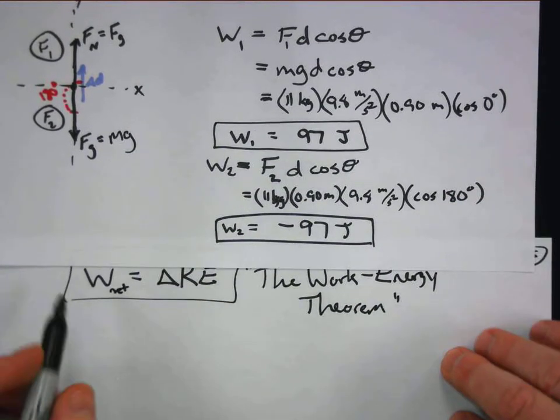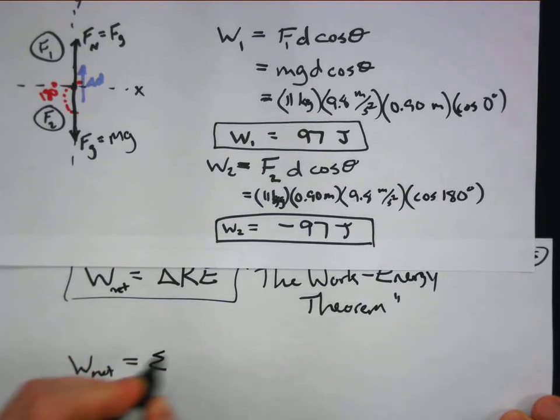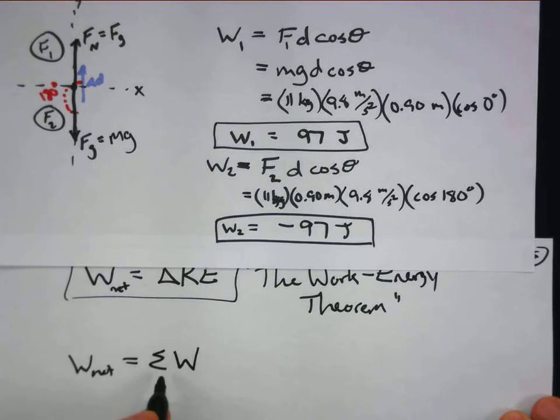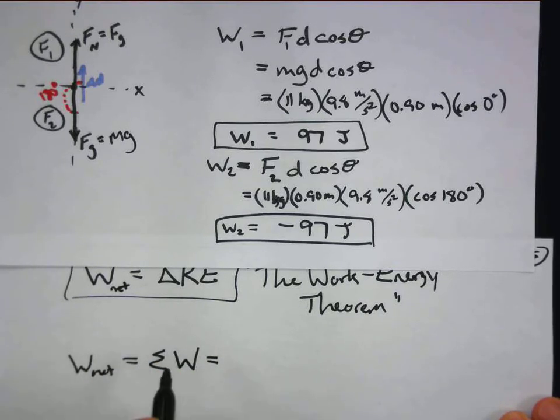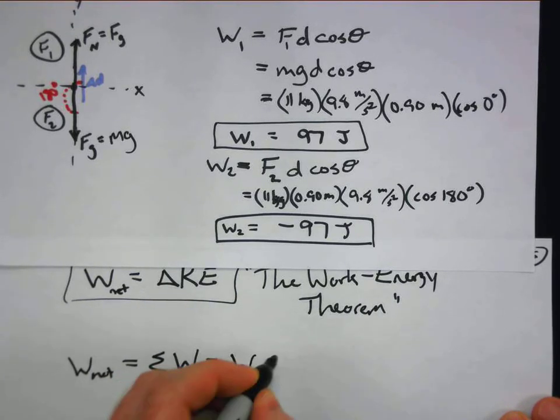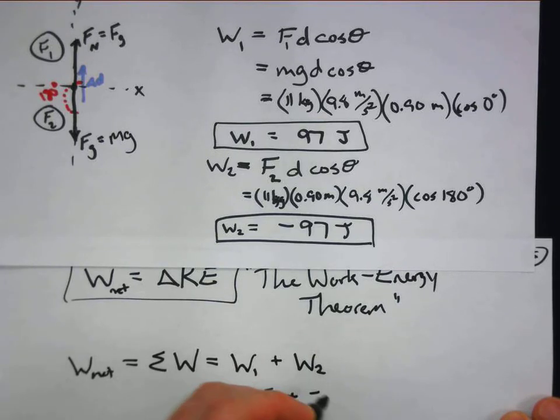So we're going to analyze this and say that the net work is just the sum of all individual work. So we're going to add up all the work done by various forces. That's going to be work done by force 1 plus work done by force 2. And we know that that's 97 joules plus negative 97 joules. And that gets us 0 joules.